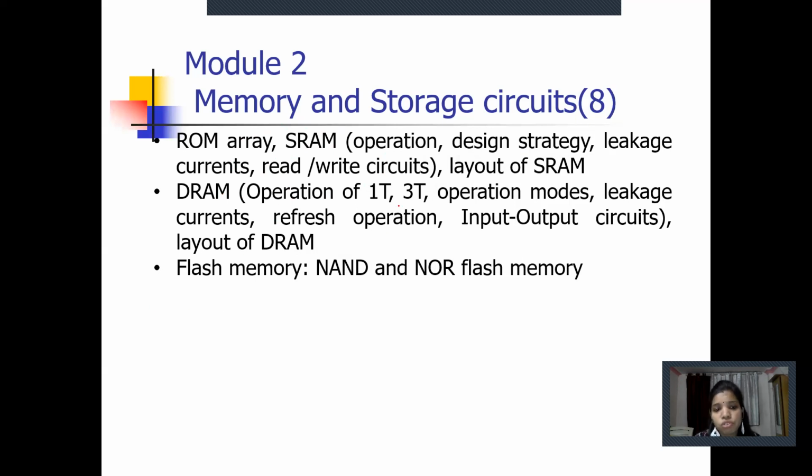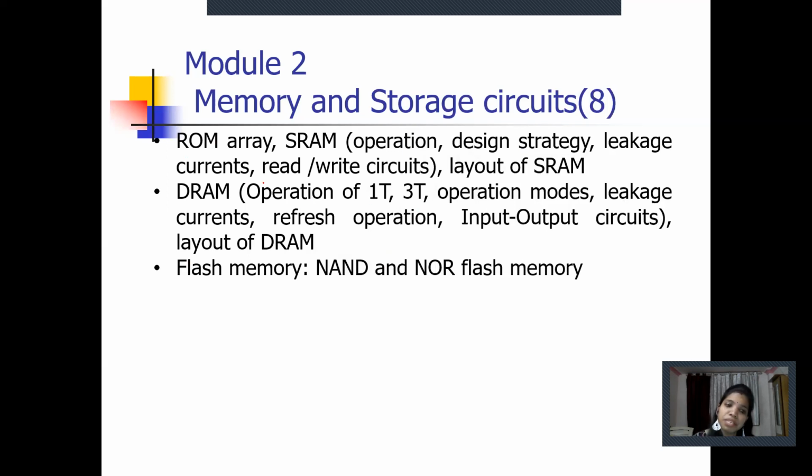What you have to learn here is the operation. An operation can be read only, write only, or read and write. The 1T and 3T represent the structure of DRAM using one transistor or three transistors, so this is the count of transistors. In this module, you have to learn the memories.